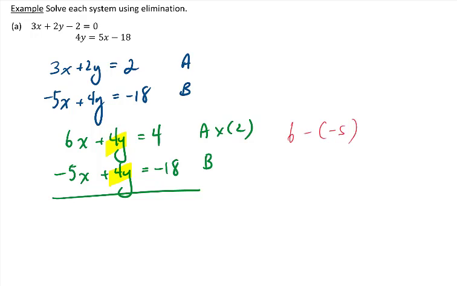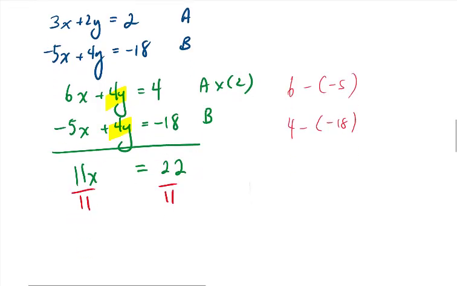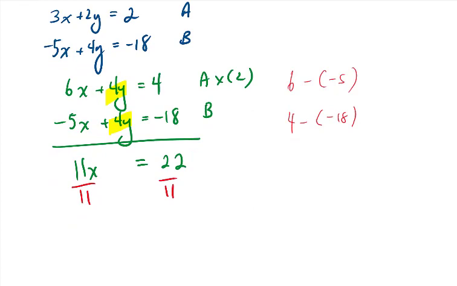And 6 minus negative 5 is the same thing as 6 plus 5, which means I have 11x equals, let's keep going, 4 minus negative 18. 4 minus negative 18 is 22, because it's 4 plus 18. Next is divide both sides by 11. And we see that we end up with x equals 2.